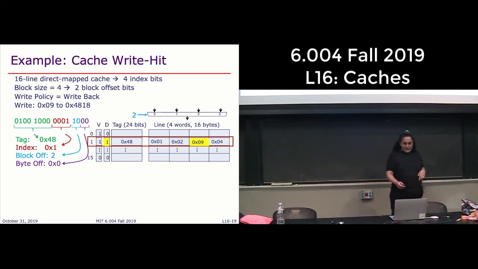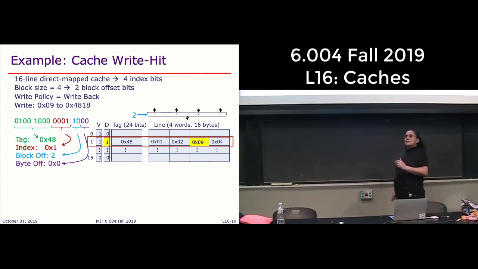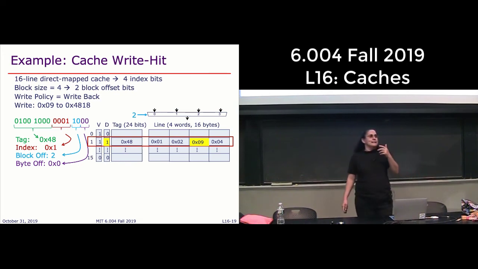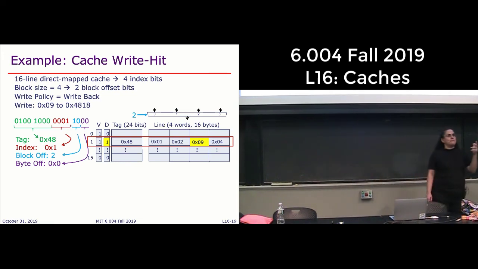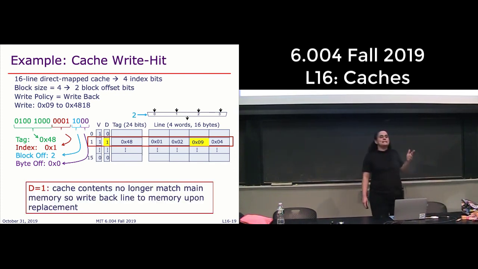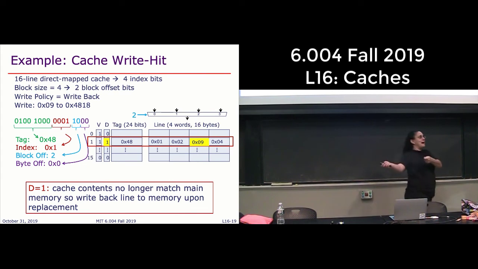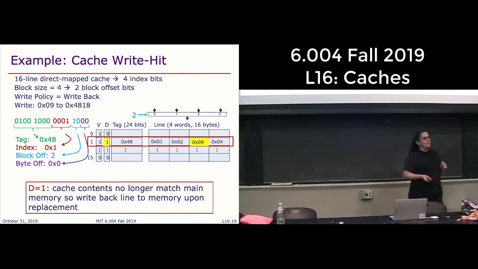And so I go ahead and I update that to be a 9. And in addition, I update this additional field that I need to add to my cache, which is called the dirty bit. Okay, so what does this dirty bit tell me? This dirty bit tells me that I've done a write to that line of the cache. So upon replacement, if the dirty bit is equal to 1, then what that means is that I'm going to have to write that line back into main memory before I can bring my new line from main memory.